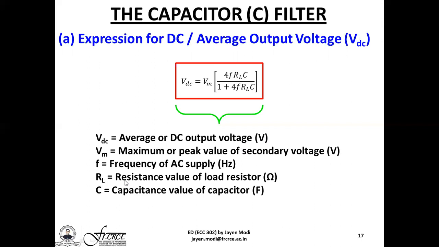RL is the resistance value of the load, and C is the capacitance value of the capacitor. So this gives you the equation for VDC. If the term 4FRLC is sufficiently higher than 1, then we can make a very close approximation in which VDC would be approximately equal to Vm.